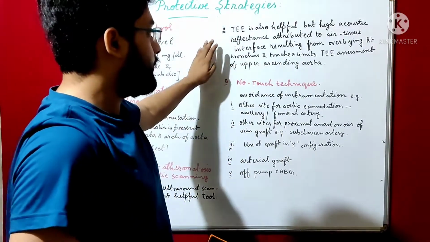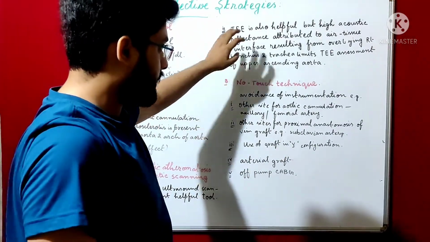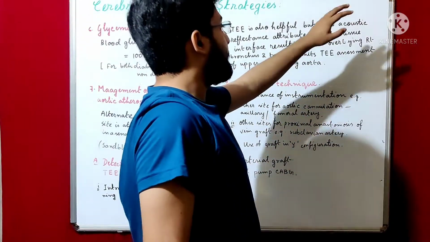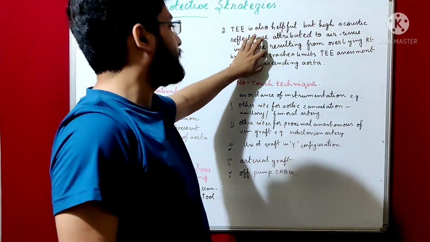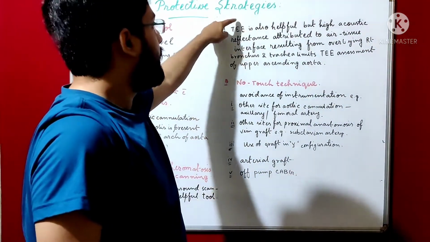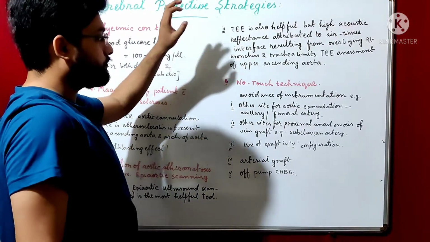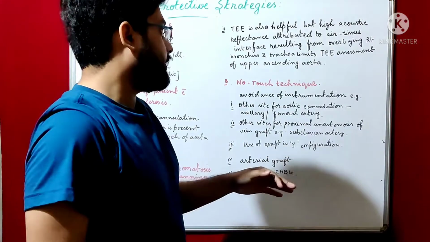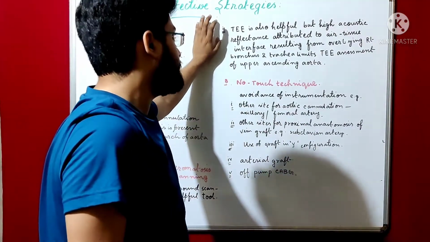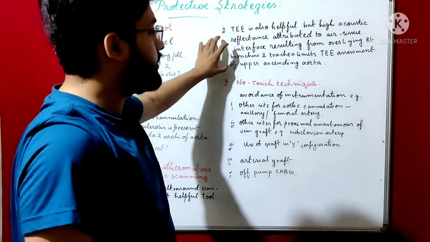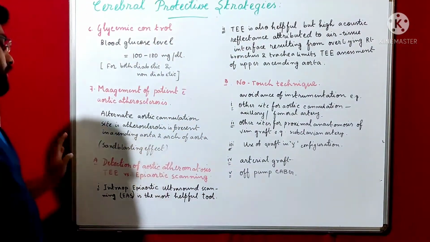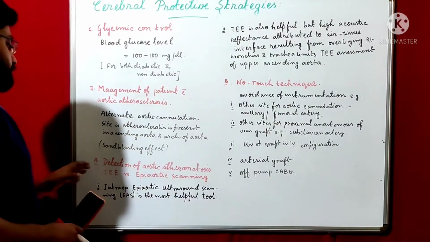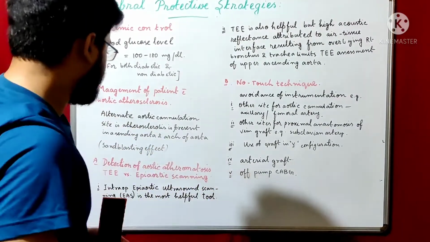The top of the ascending aorta is under the right bronchus and trachea. Ultrasound cannot pass through the air tissue interface, so TEE is of limited use. So epiaortic scanning is the best tool to detect aortic atheromas.